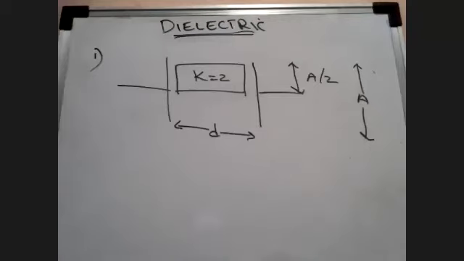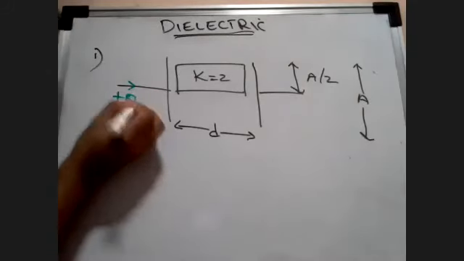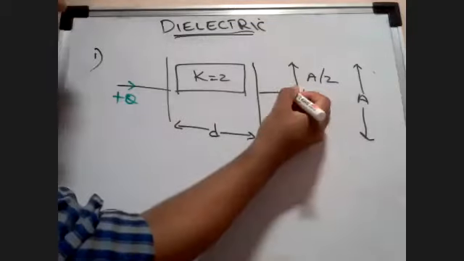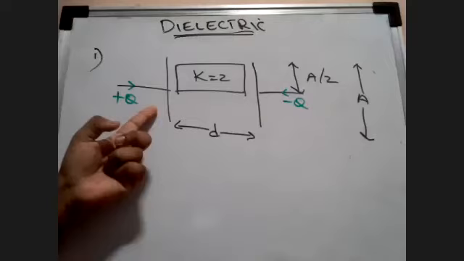Okay, so in this question, what we'll do is we will connect the capacitor to a battery, and in that case, what is going to happen? A plus Q charge is going to come out here, and a minus Q charge is going to come. Now this plus Q will split.